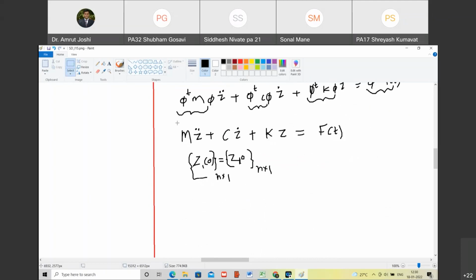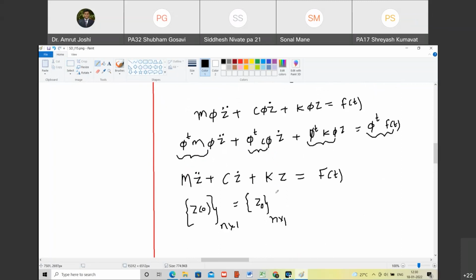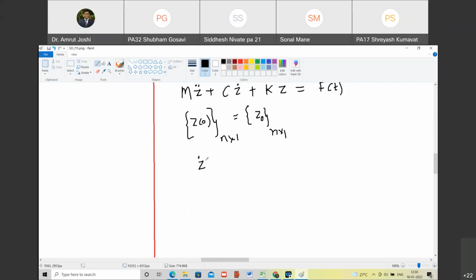Z of 0, this is n cross 1, is equal to Z0. This is also an n cross 1 matrix. This we have already obtained here. Similarly, Z dot of 0 is n cross 1.